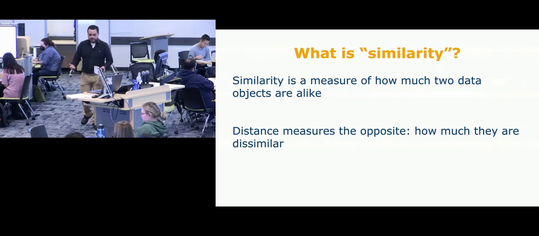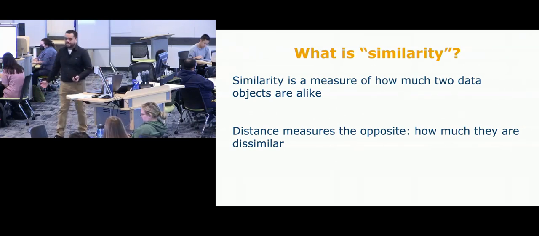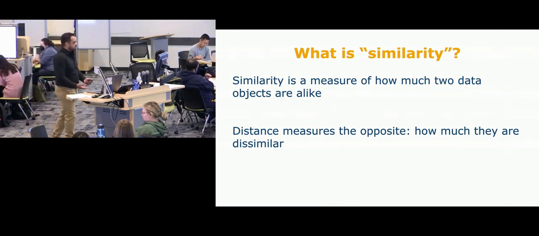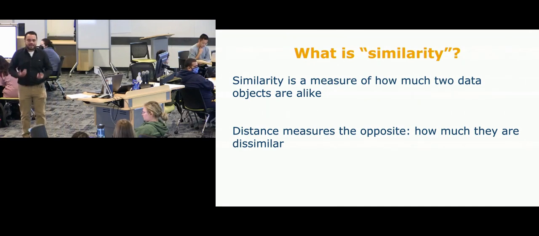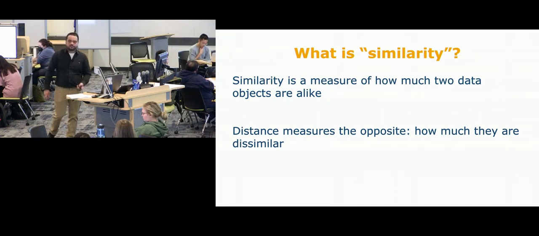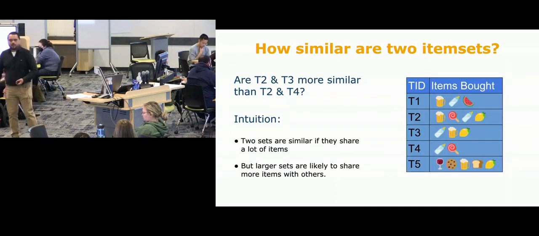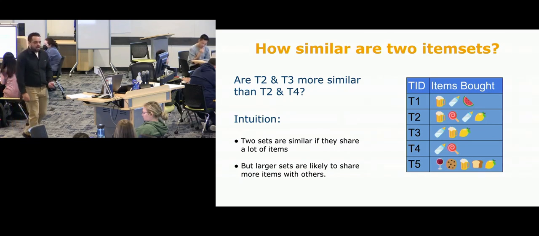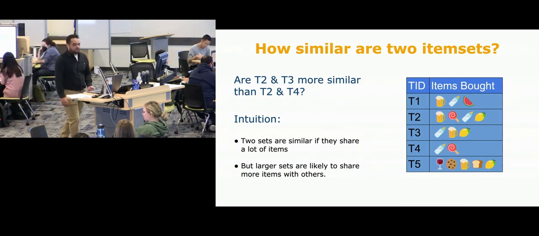So the first three quarters of today's lecture was about pattern finding in item sets, right? But similarity is the other way to look at data mining functionalities. Similarity is a measure of how much two data objects are alike, and it's the converse of distance. High similarity, low distance, and vice versa. So now, how can we do similarity-based item set mining? A natural question to ask is: are transactions T2 and T3 more similar than T2 and T4?